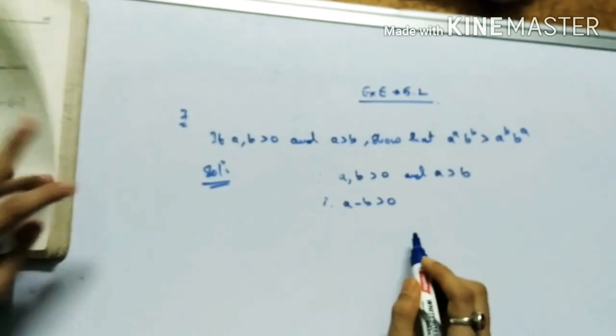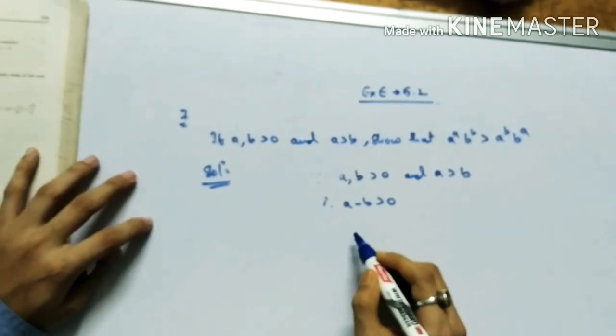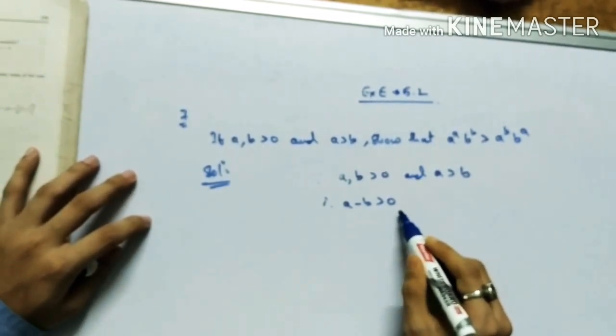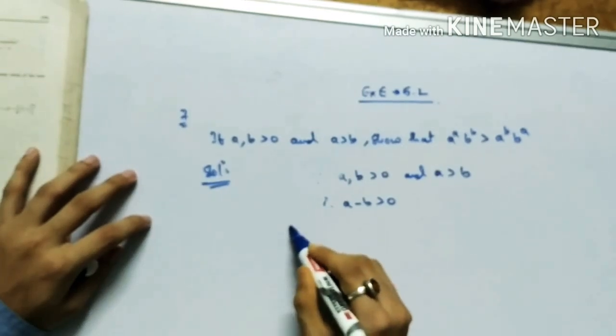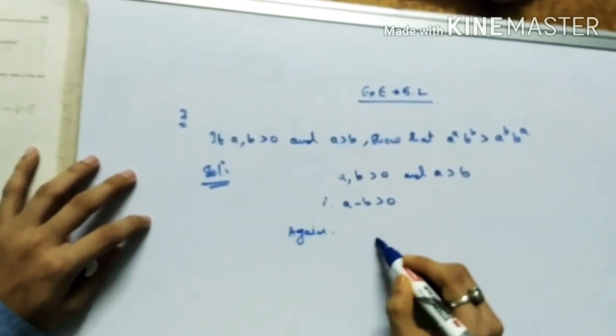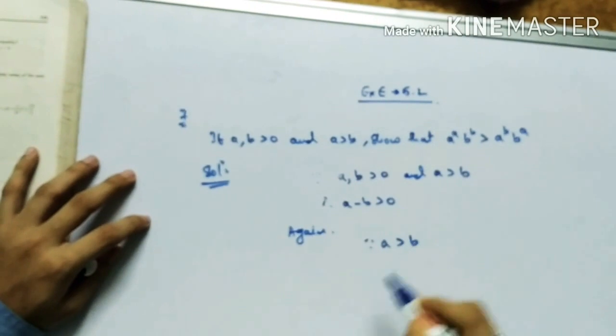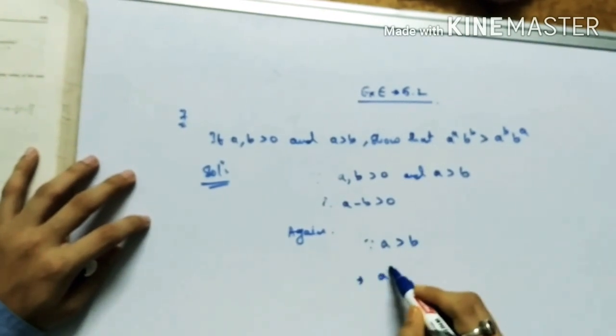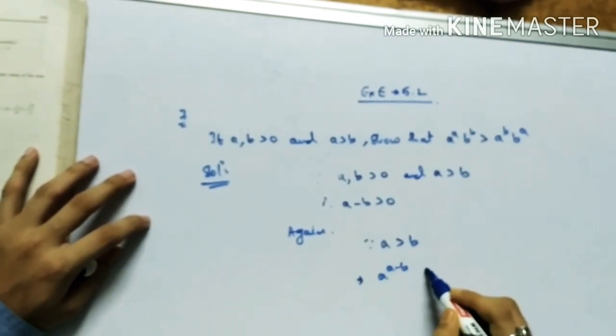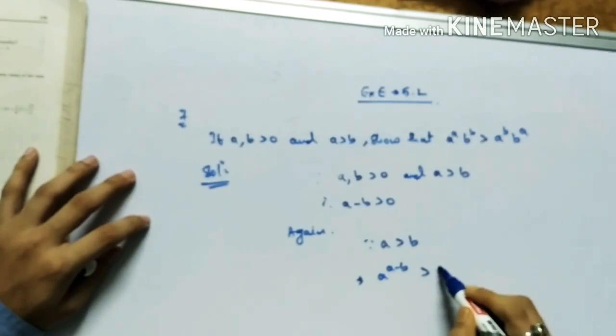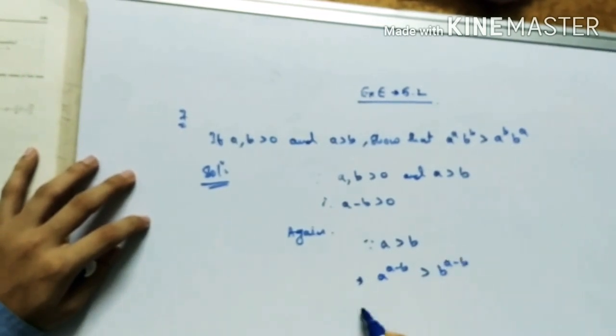Next again, since a greater than b, therefore a to the power a minus b will be greater than b to the power a minus b.